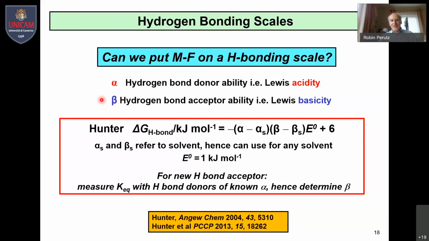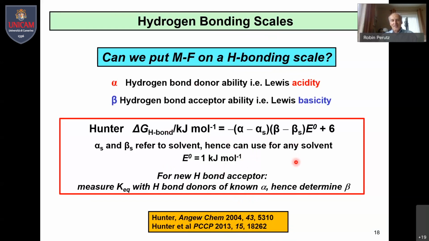So we want to work out beta for these metal fluorides. And my colleague in this, Chris Hunter, has developed the scales. You can look those up. There's a solvent correction in here, which enables you to compare across different solvents.